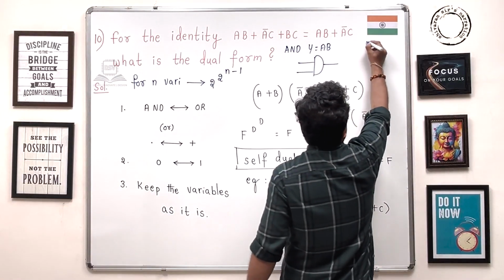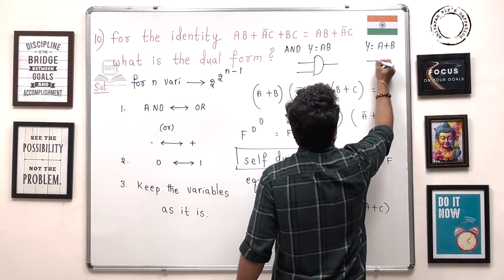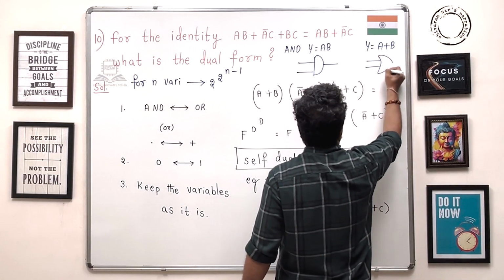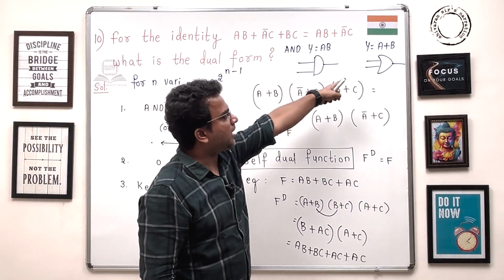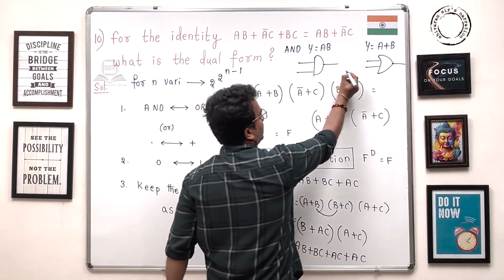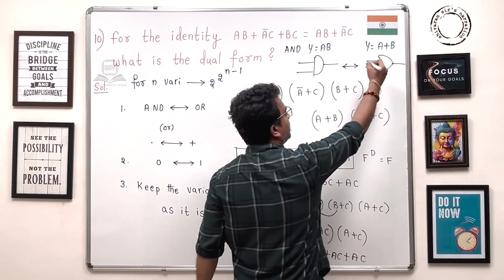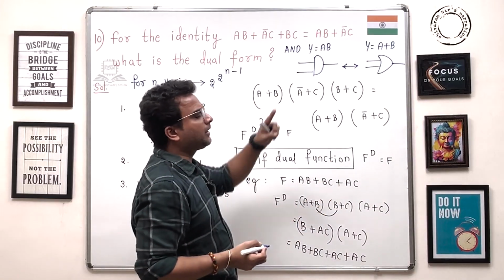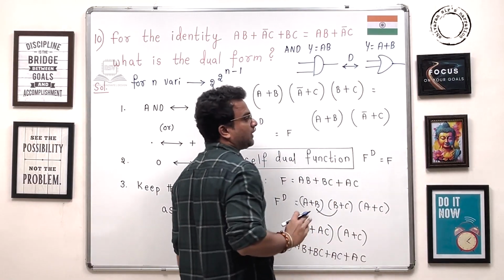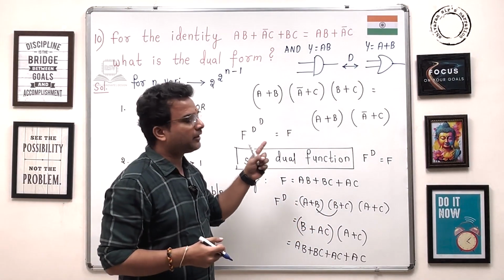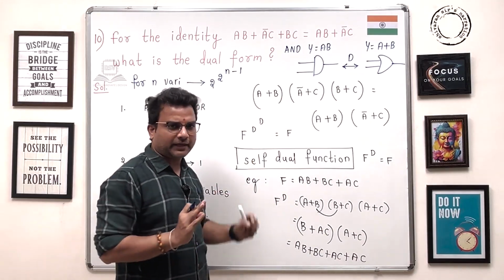Hence, guys, the duality of the AND gate is the OR gate only. Similarly, if you apply duality to the OR gate, you will get the AND gate only. So you can remember one more point: the duality of the AND gate is the OR gate only, and the duality of the OR gate is the AND gate only.